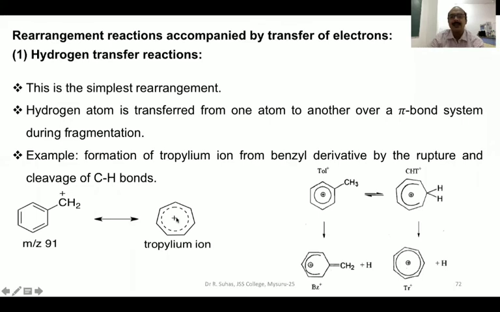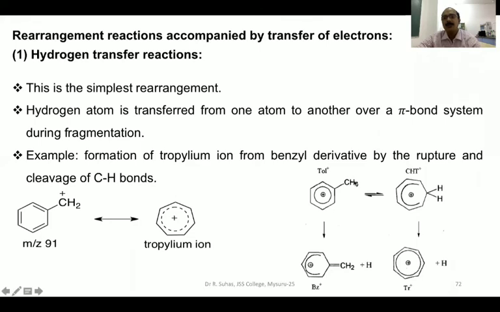In this case, the electrons will be continuously revolving around this ring, and this 7-membered ring with a positive charge is called the tropylium ion, or the tropylium cation. Its m/z is also 91, and its intensity will be 100% in the mass spectrum because of the continuous resonance as well as the charge stabilization.